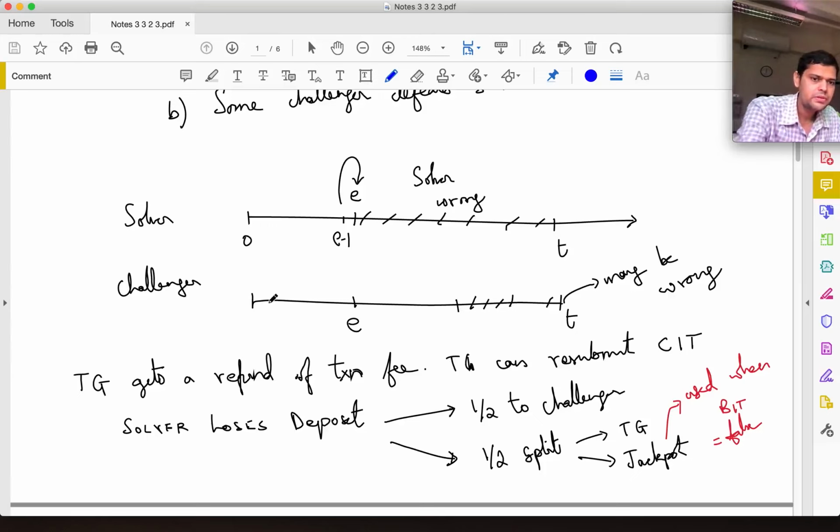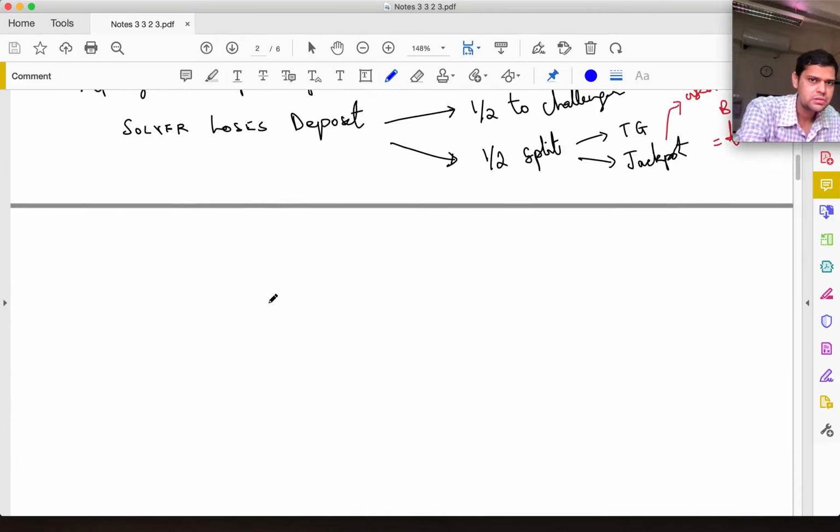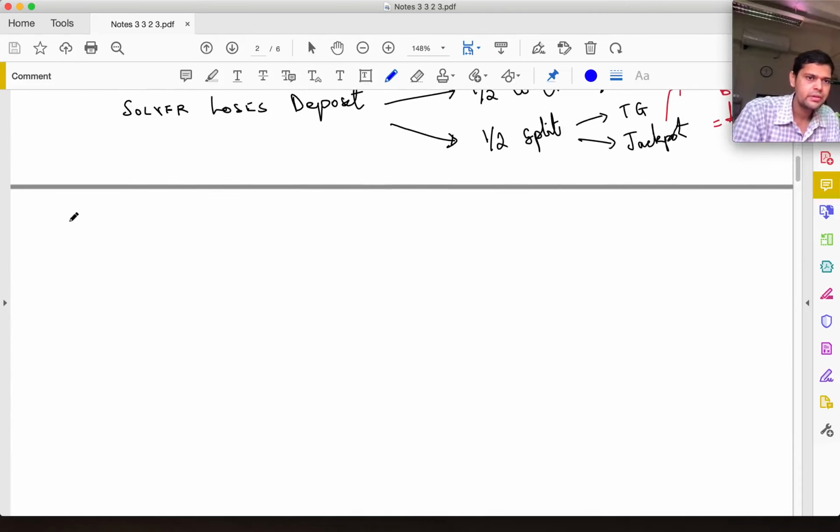So what happens when the bit is false? And this is where it becomes interesting. This means that the solver points to the false solution, the fake solution which he put on the blockchain.